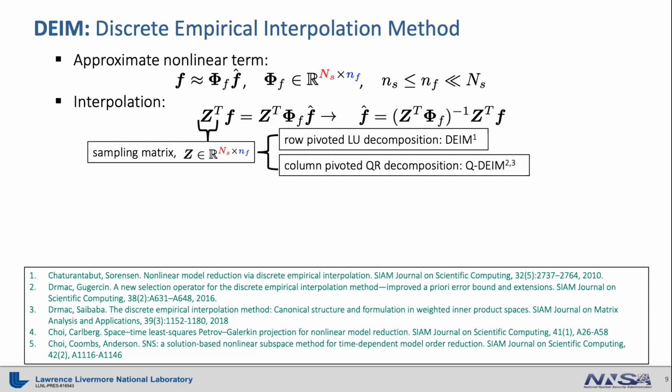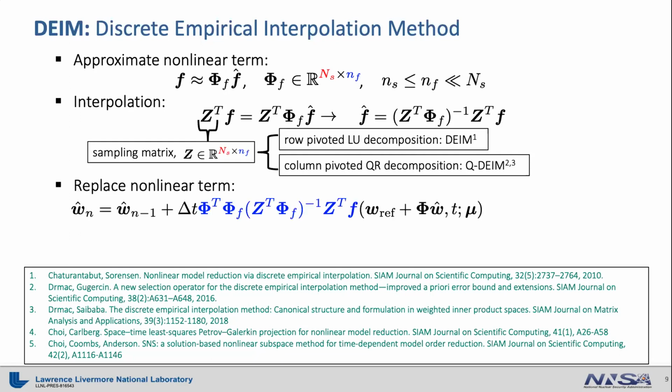Then the generalized coordinates for nonlinear term F hat can be obtained by solving the interpolation problem, basically. Then you plug this expression into the reduced system of equations wherever the nonlinear term shows up.